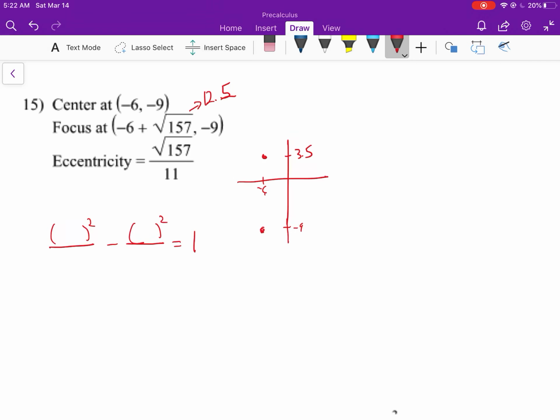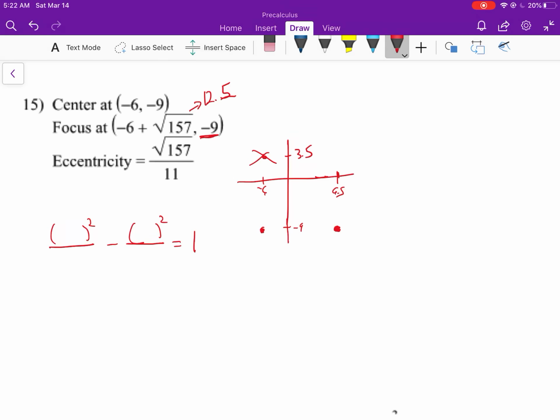The number doesn't matter all that much. Oops, I messed up right there. Sorry about that. So we're at -6. We're going to be down 9, but at this -6 we have to add 12.5. Adding the 12.5 puts us to about 6.5, and that's where our focus point is.